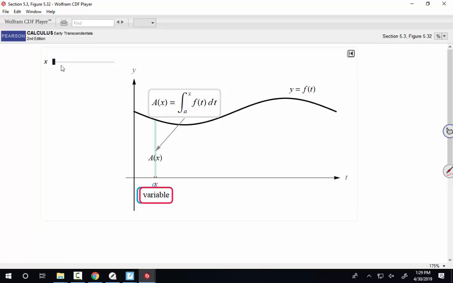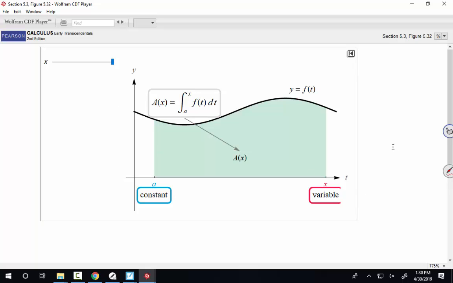So as x varies from 1 to 3 to 5 to 100, then the ending point up here is stopping. It says what's the net area from a to 5 to 10 to 100. So as x varies, what it's doing is it's accumulating or accounting for all of this area to wherever we choose to stop. Does that make sense?